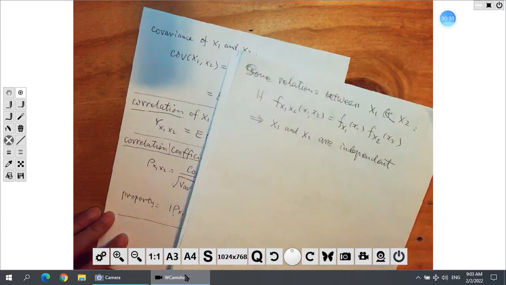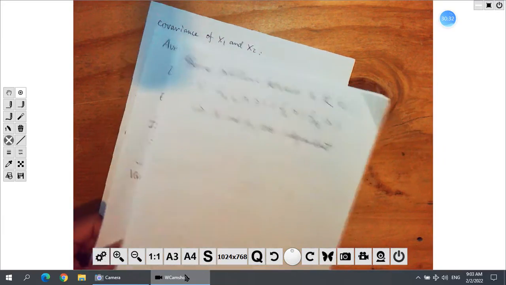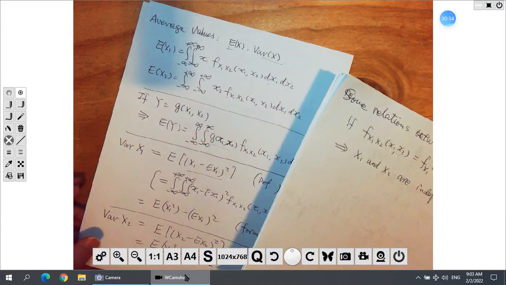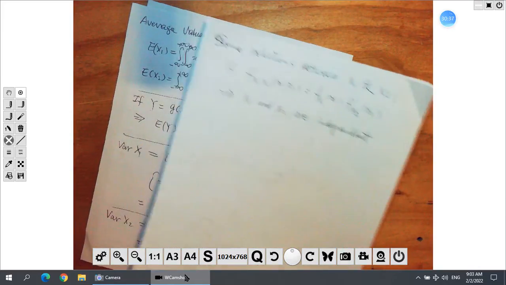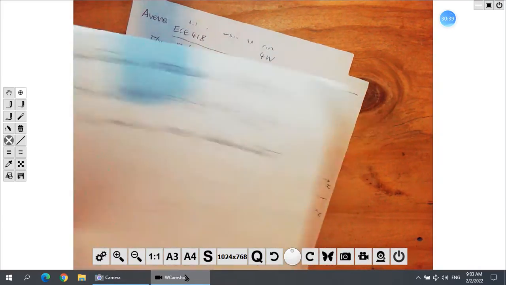Alright, this is a similar way. You can see the joint distribution and the marginal distribution.